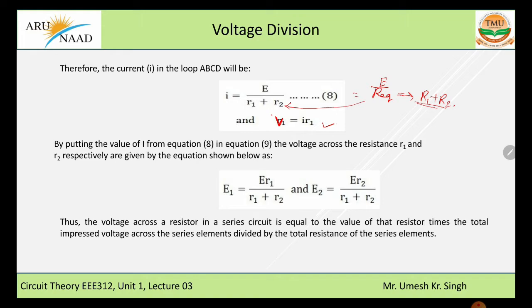And simply, if we don't know the value of I, then E1 can be written as E multiplied by R1 upon R1 plus R2.